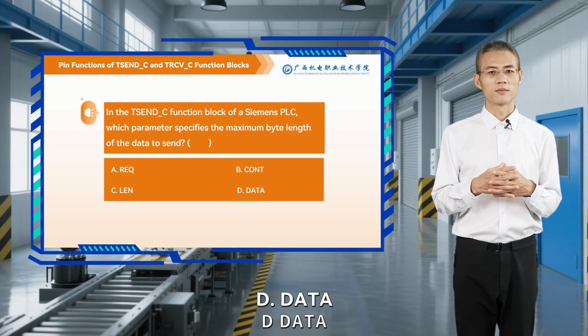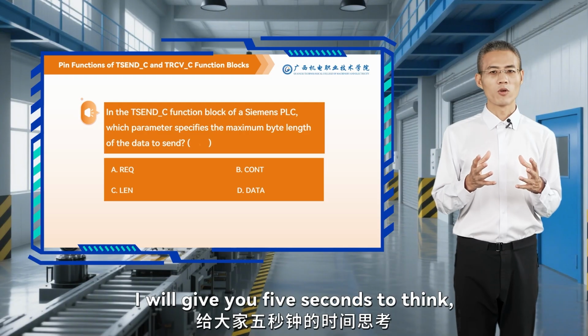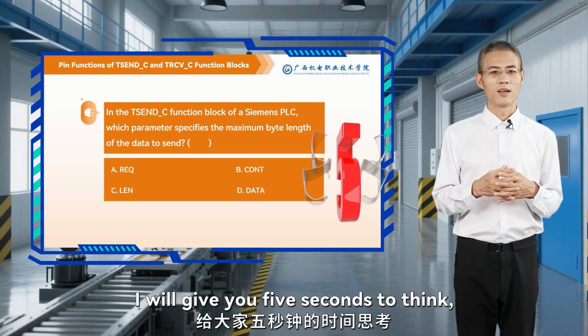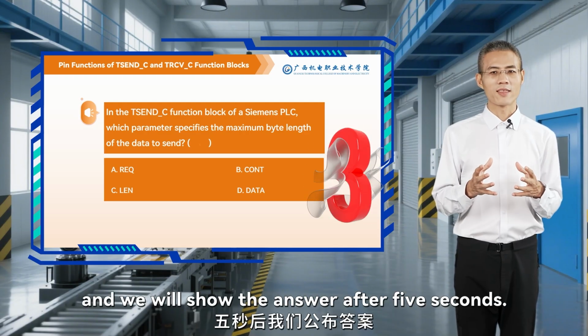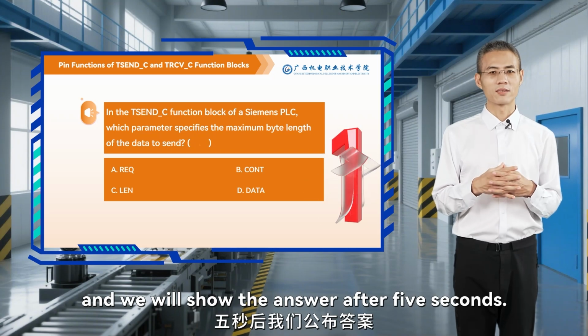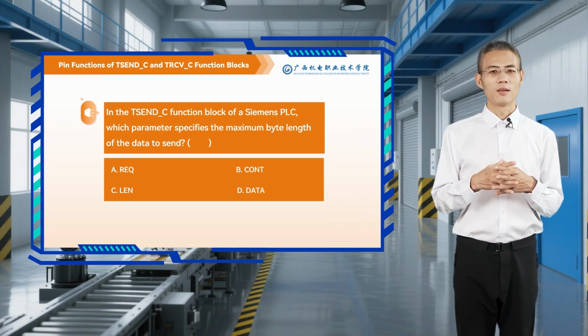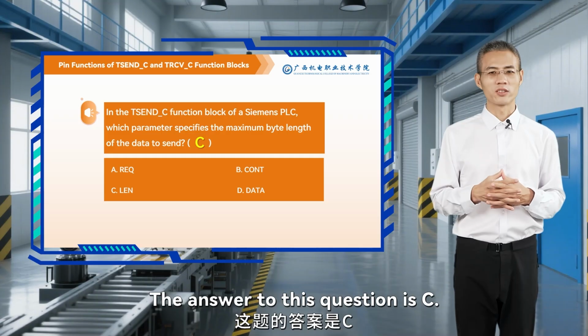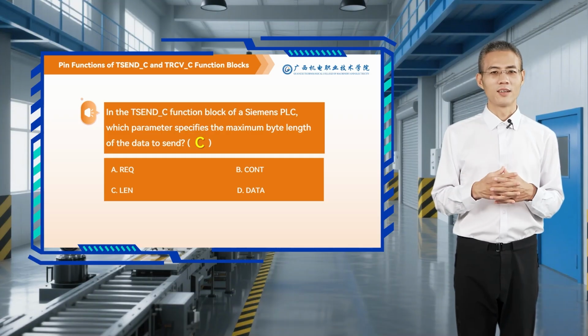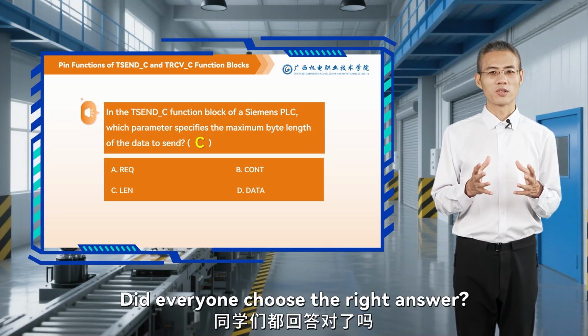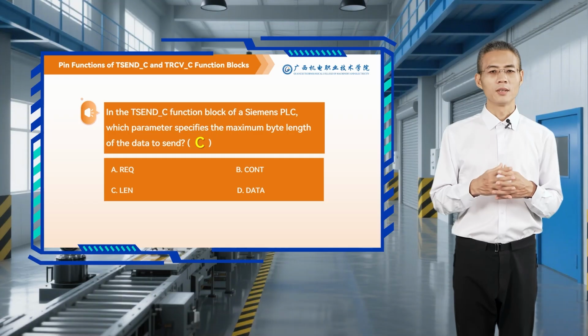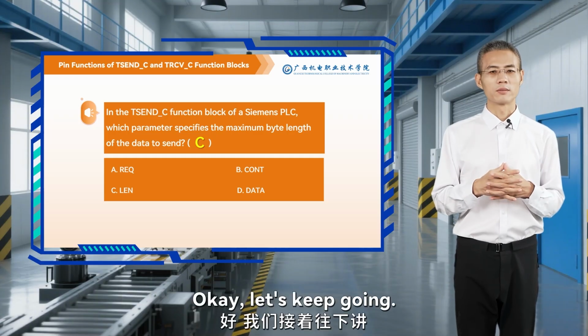D. Data. I will give you 5 seconds to think, and will show the answer after 5 seconds. The answer to this question is C. Did everyone choose the right answer? Okay, let's keep going.